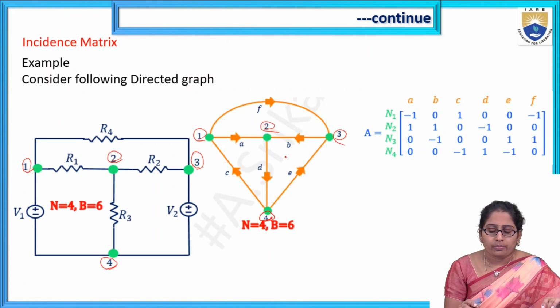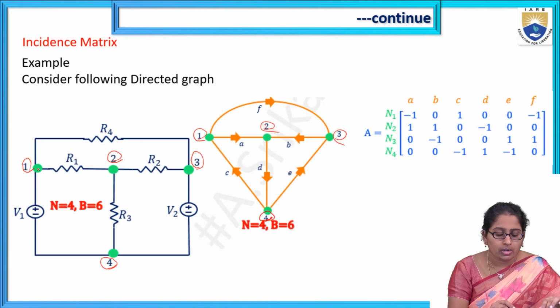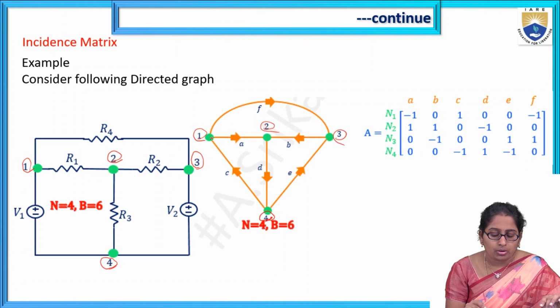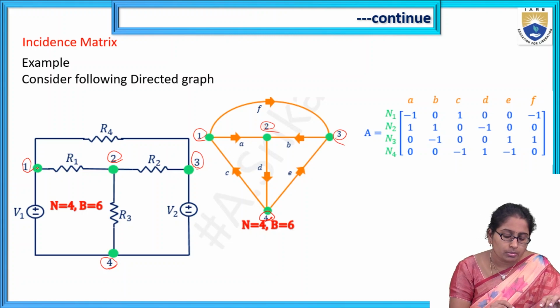Now first from node 1, what are the elements present? Draw the branches. From node 1, a voltage source is there which is connected to node 4.